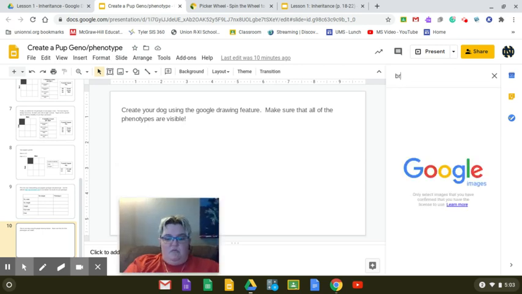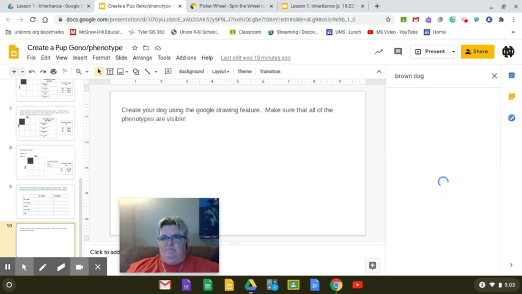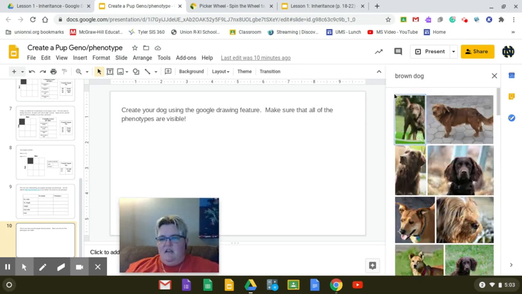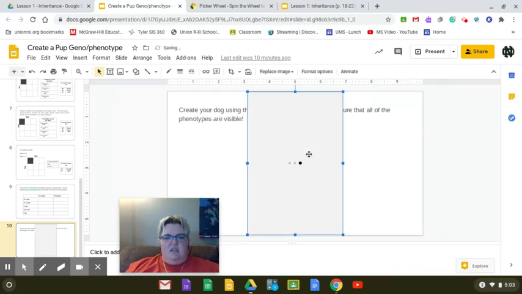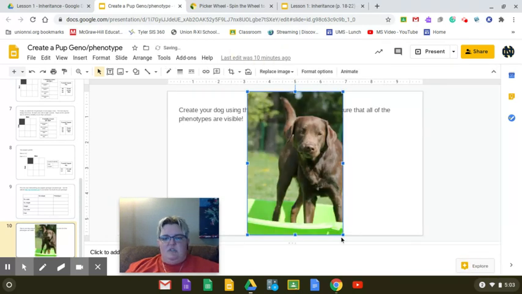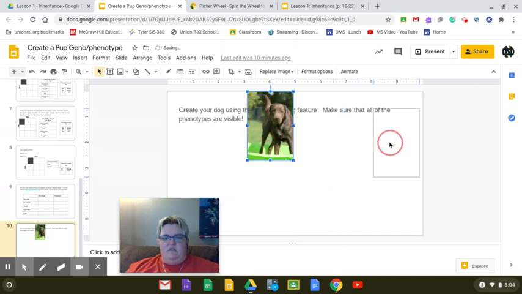So brown dog. All right, and so I just find me a brown dog. I like Chocolate Labs, so we'll try him. And I'm going to just make him smaller so he can fit.